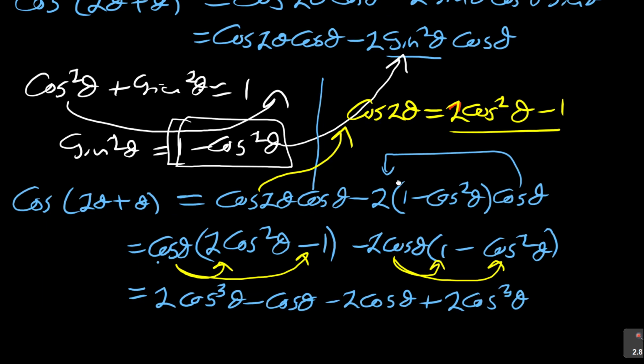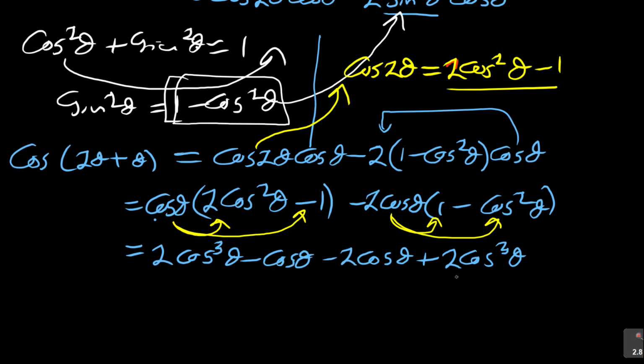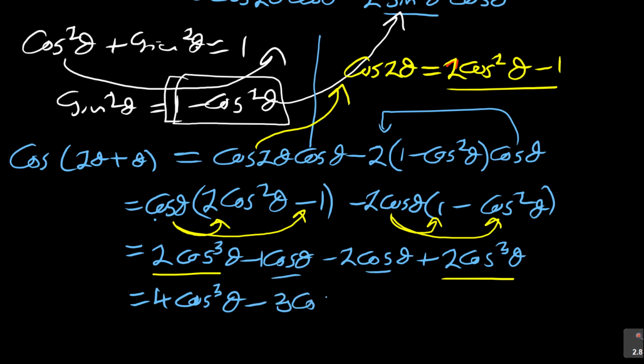Am I right? Then from there you can combine, common cos cubed: 2 plus 2 becomes 4. This is 4 cos cubed theta, then minus cos theta and minus 2 cos theta is minus 3 cos theta.